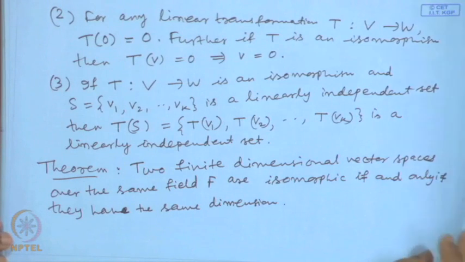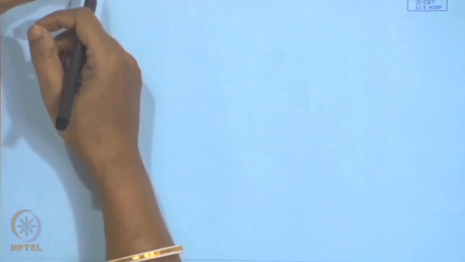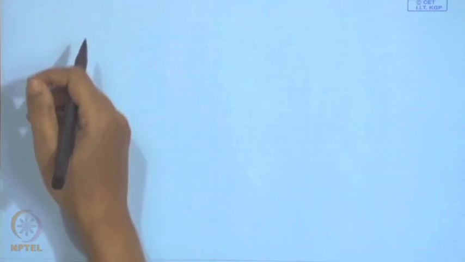So, this gives a criterion for checking whether finite dimensional vector spaces over the same field are isomorphic or not.